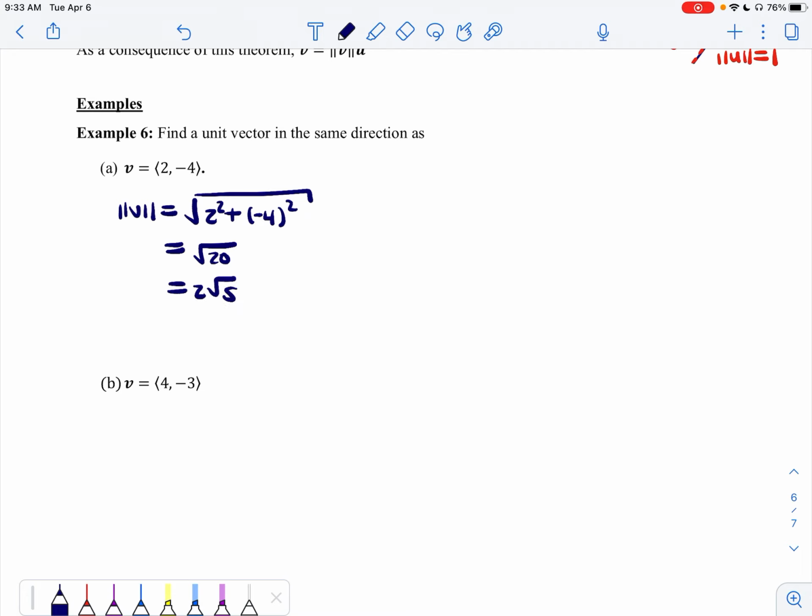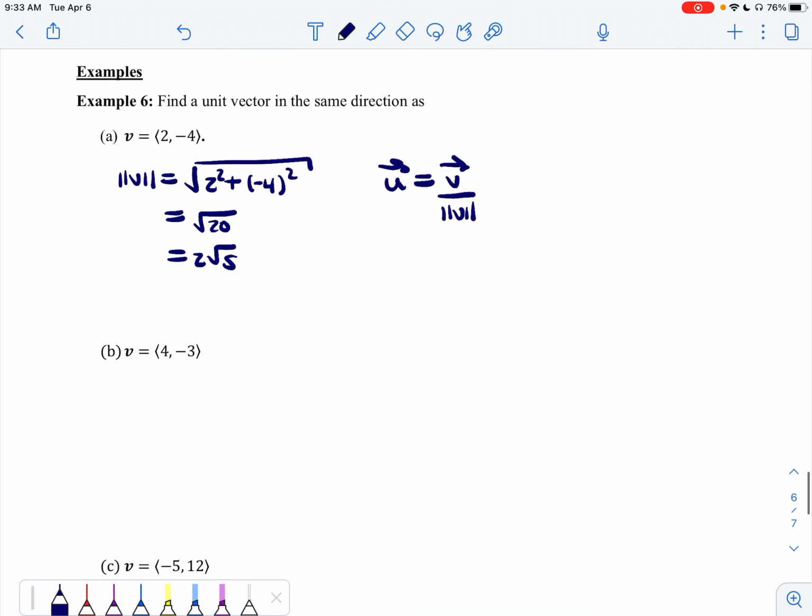Then the unit vector in the same direction as v is just the original vector v divided by its magnitude. I'm just going to switch to the i and j notation. I find it a little bit easier to work with. So that'd be 2i minus 4j, and then divided by 2√5.